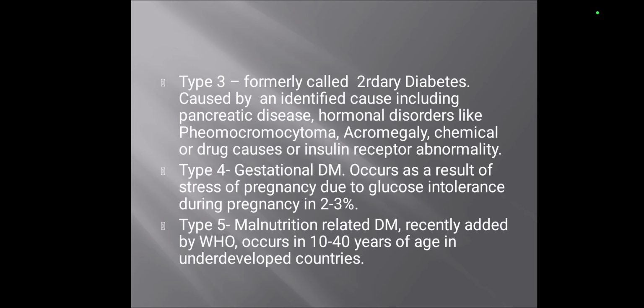Type 3, formerly called secondary diabetes, is caused by an unidentified cause, including pancreatic disease. It was one of the complications that we discussed in the last video that we made on acute pancreatitis.